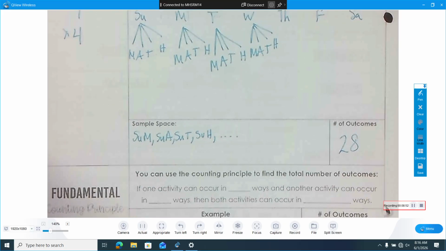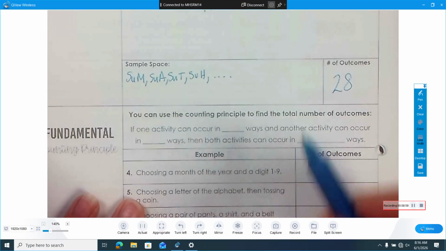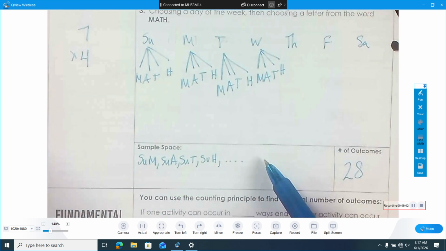And so the faster way to do it, when we have more than one outcome, is to use the fundamental counting principle, which is this. We can draw a tree diagram, but it takes forever, so we don't want to do that.